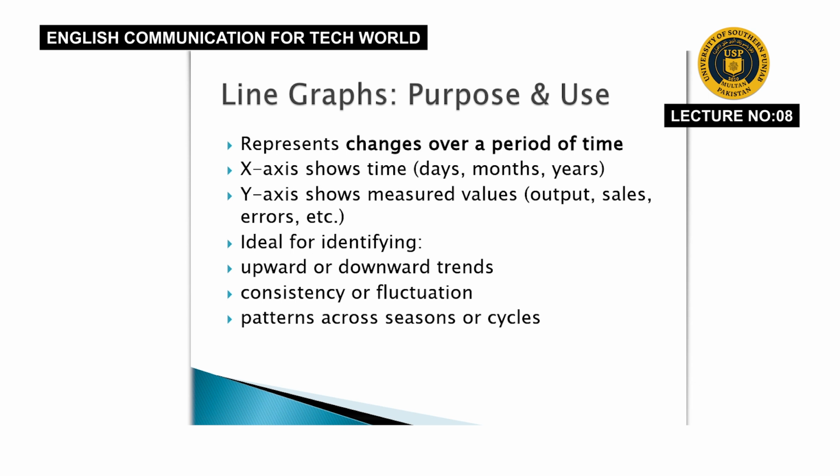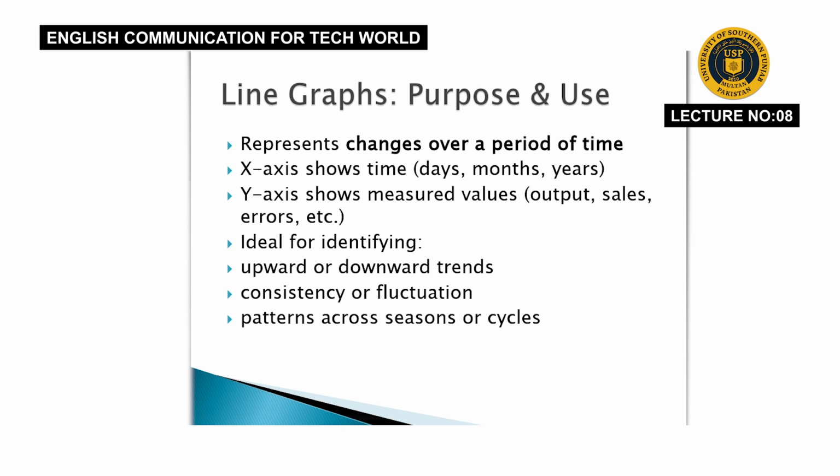The horizontal axis, or x-axis, usually represents time, like hours, days, months, or years. The vertical axis, or y-axis, shows the values being measured, such as production output, website visitors, electricity consumption, sales revenue, error rate, or temperature.